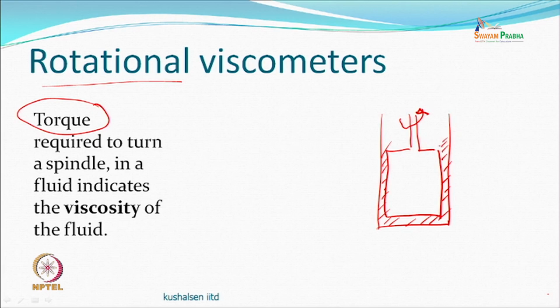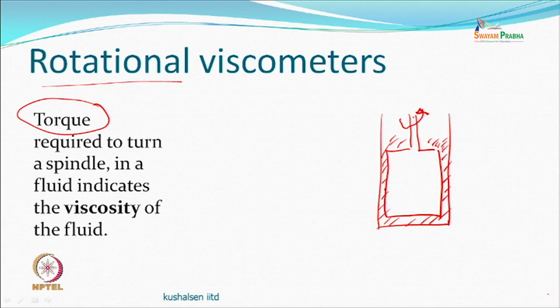One has to calibrate, and every time you make any instrument you have to calibrate. The calibration would depend on the diameter of the spindle and the diameter of the vessel in which you have put your viscous solution and want to rotate.